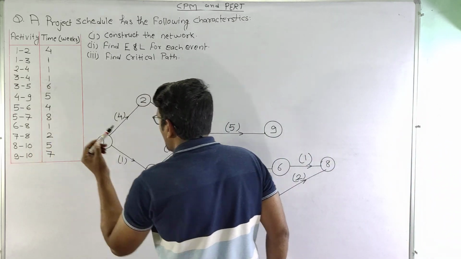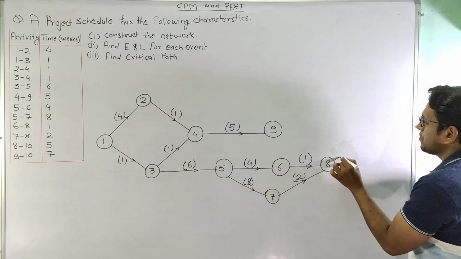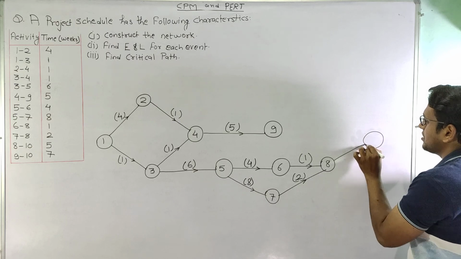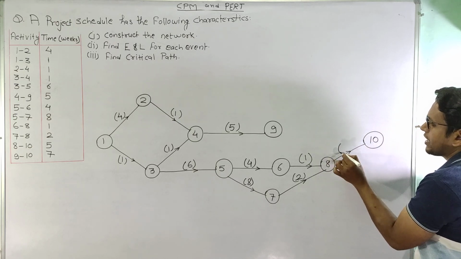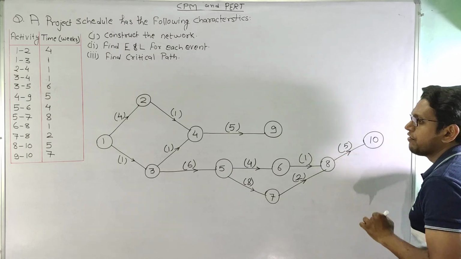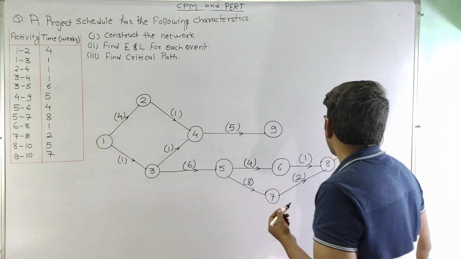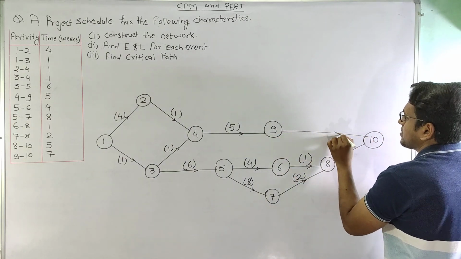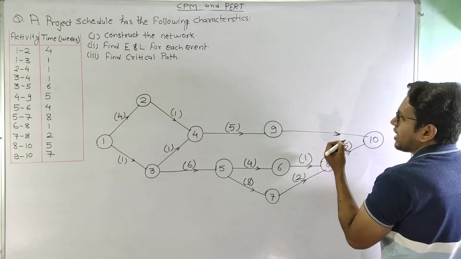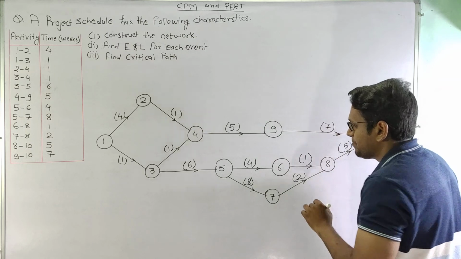Similarly 8 to 10, we'll draw here 8 to 10, let this be node 10. This is activity 8 to 10, and this has a time of 5 weeks. And the last activity 9 to 10, this is 9, this is 10, and this activity 9 10 has the time of 7 weeks.